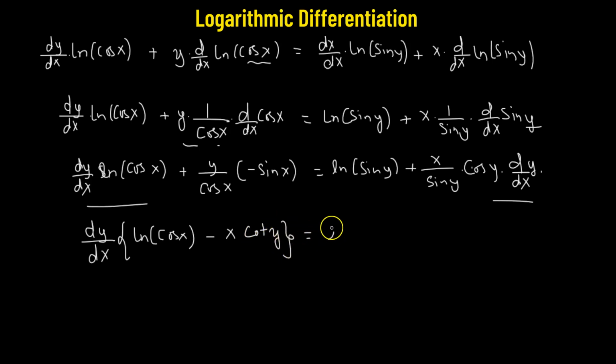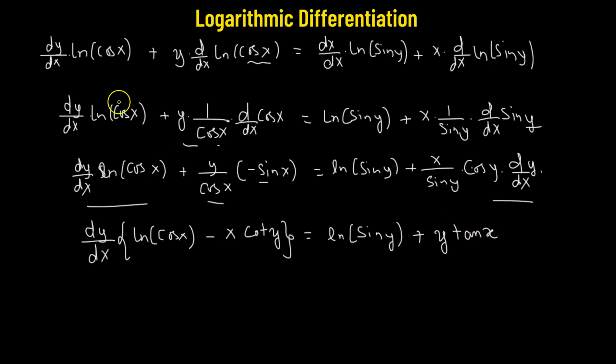This will be equal to log of sine y. Now we have this y multiplied to negative sine x over cosine of x. We know the ratio sine over cosine is the tangent function. So here we have negative y tangent of x, and transposing it to the right hand side gives us positive y times tangent of x.